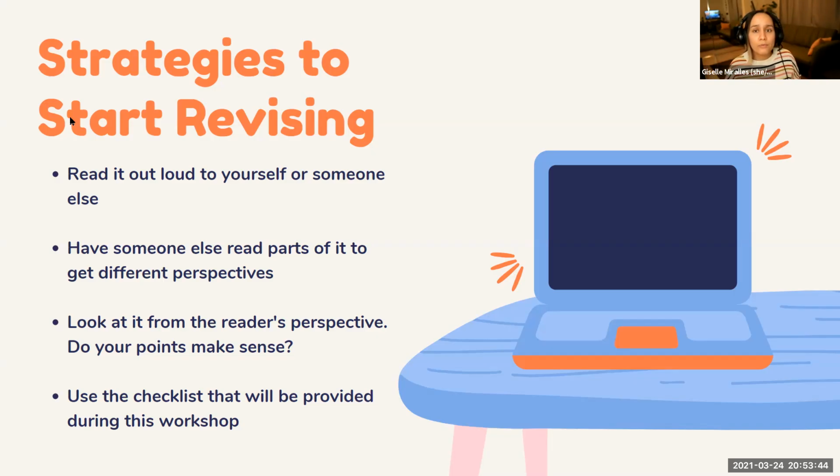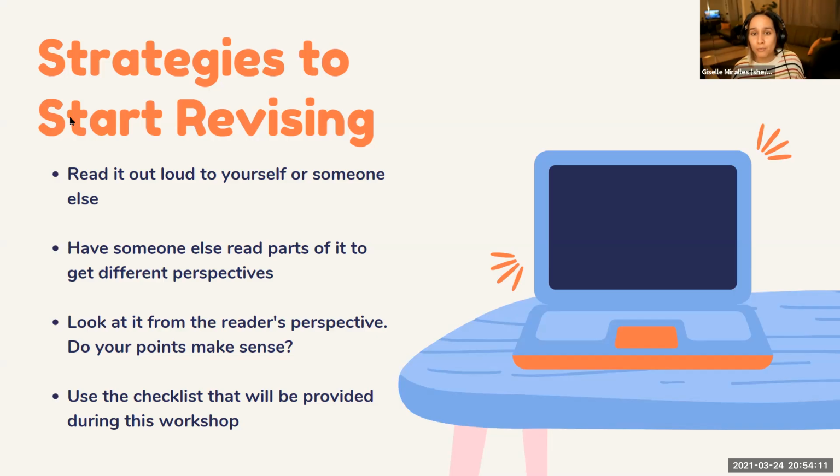However, if you have someone else read it, they don't have the same perspective as you do. So they're more likely to catch something that doesn't quite make sense. So if you have an argument, for example, and it makes complete sense to you, it might not make complete sense to an outsider. So that's why letting someone else read your work will help you get more perspectives and help you improve your essay.